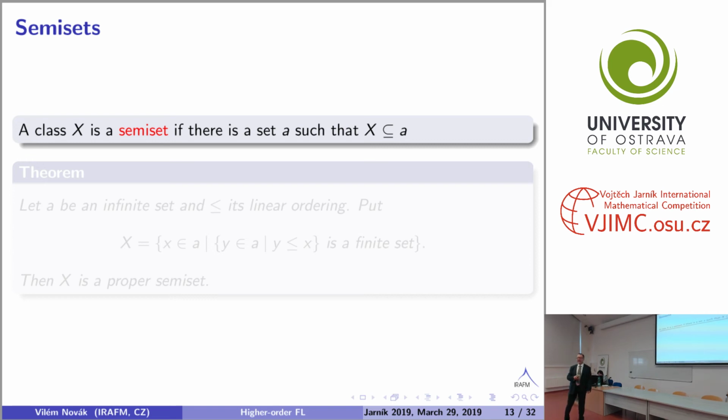Then we come naturally to the concept of a semiset. A semiset is a class such that there does exist a set such that each element of this class, of this semiset, is at the same time an element of a set. A typical example, again, from the very beginning: natural numbers representing bald people.